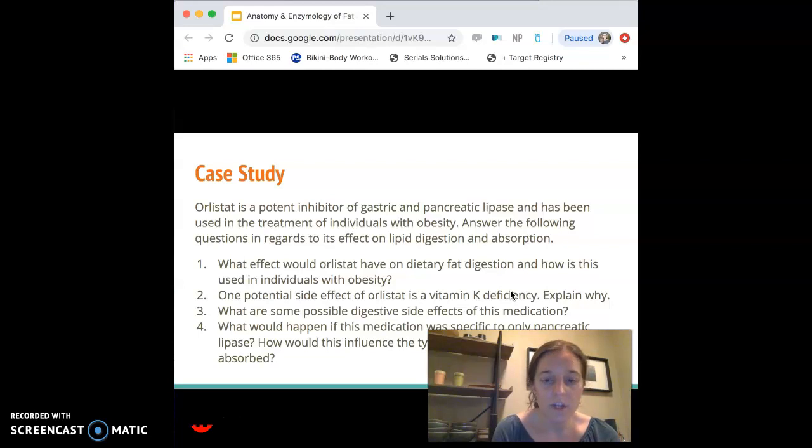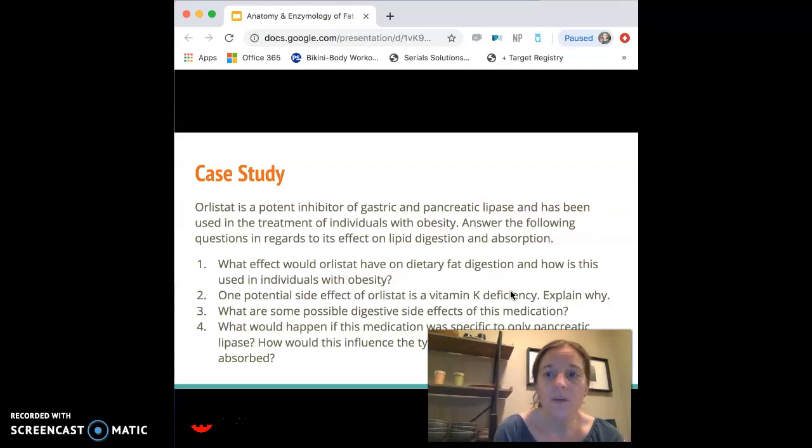What we want to explore here is, given that it inhibits these two enzymes, what impact it has on lipid digestion and absorption. My first question for you is, what effect would orlistat have on dietary fat digestion, and how is this used in individuals with obesity?